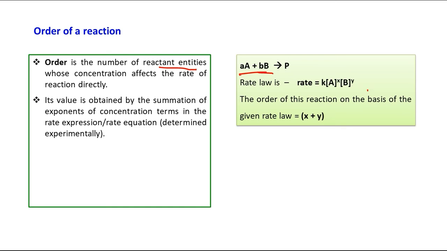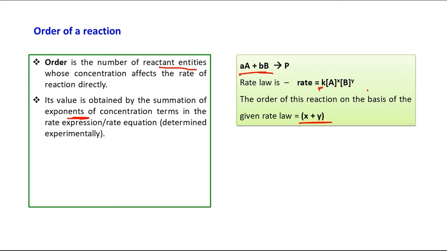Rate is equal to small k, which is the rate constant, times concentration of A to the power x, concentration of B to the power y, and this value of x and y together will give us the value of order. This value is obtained by summation of the exponents of the concentration terms present in the rate equation, and remember this is found experimentally.